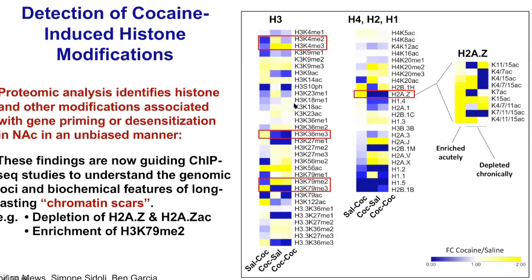Philip's eyes were particularly drawn to H2AZ. H2AZ is a substitute of histone H2A, which can be added into certain nucleosomes in different forms of plasticity.